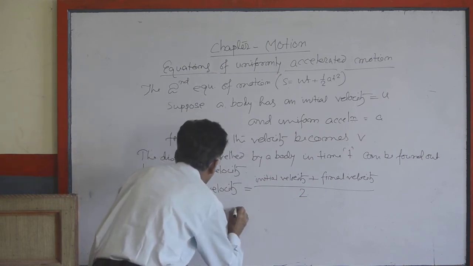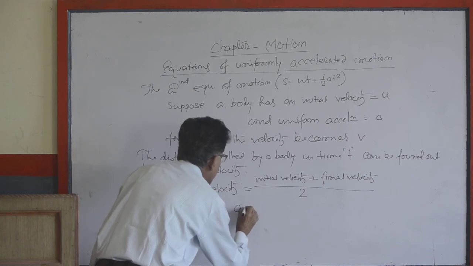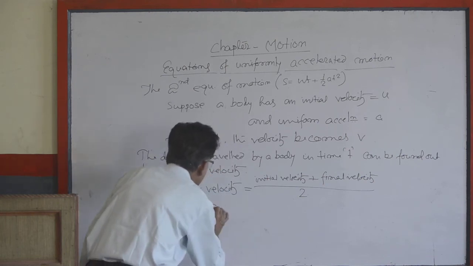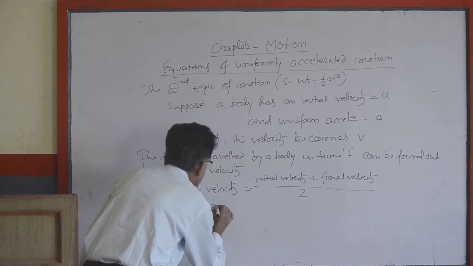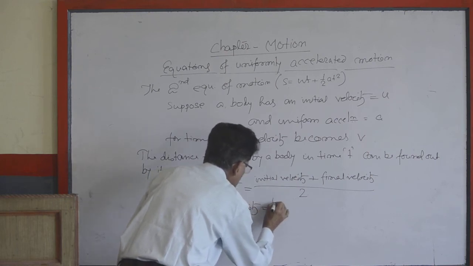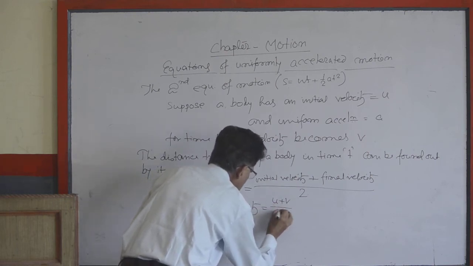So average velocity equal to u plus v by 2.